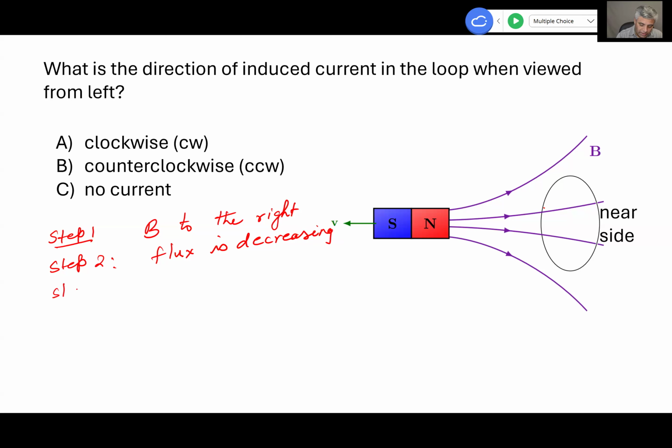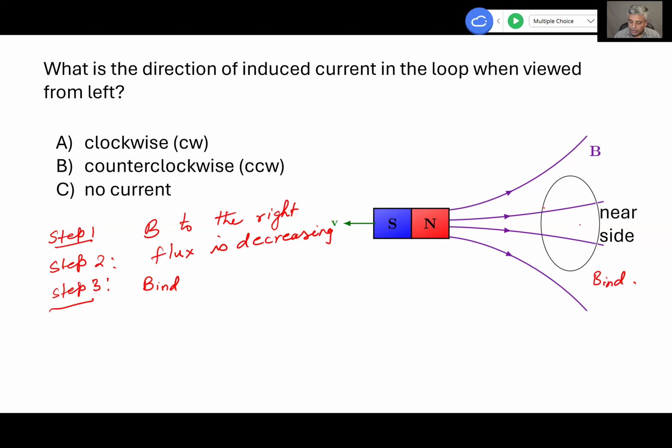Now step 3, most important step, I think. So now, which way has to be the induced field? B induced, to the right or left, right?